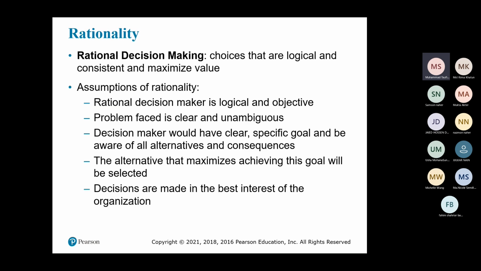If we look back at rational decision making, point number 3, you must be aware of all alternatives and consequences. That means you must identify all possible choices that you can make.